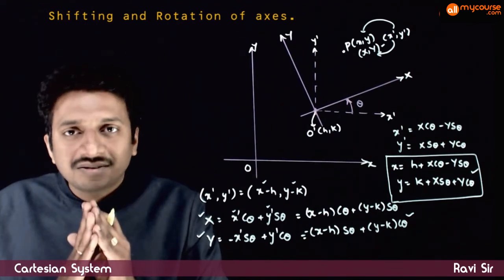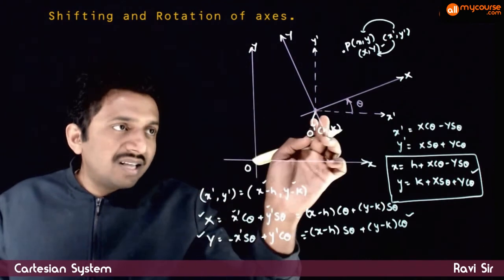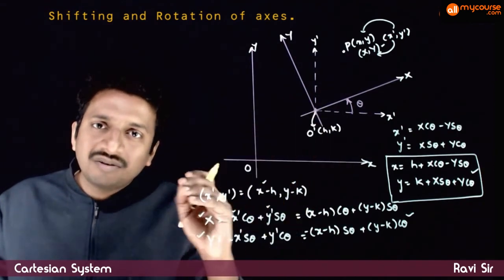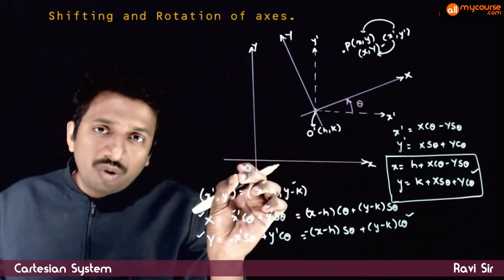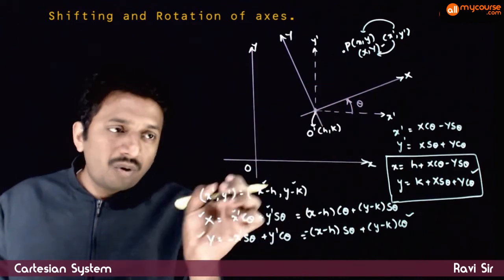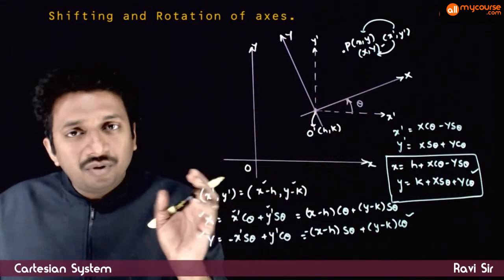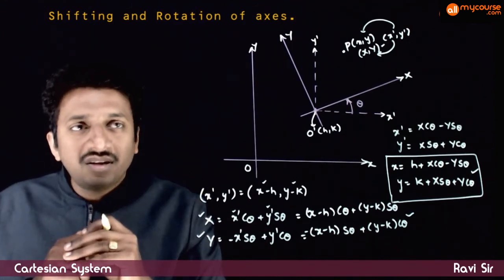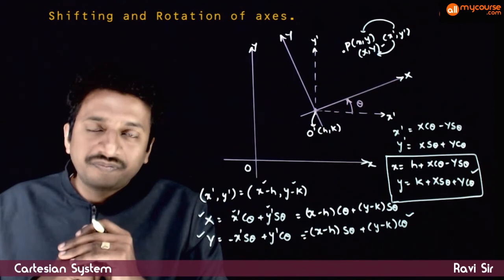That will give you wrong answers, because if you rotate the axis first, this h comma k gets changed for the second step. So we don't want to rotate first and then shift. What we do is we shift the axis first and then rotate. And if you know the individual operations, you can very easily get the final coordinates.